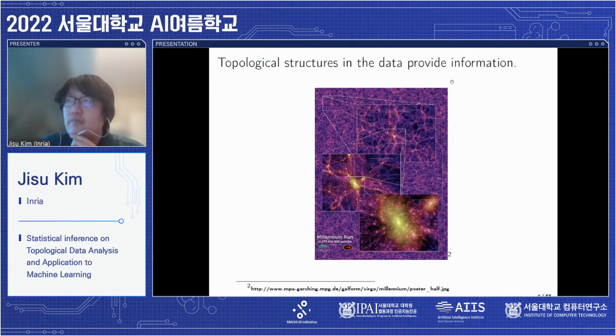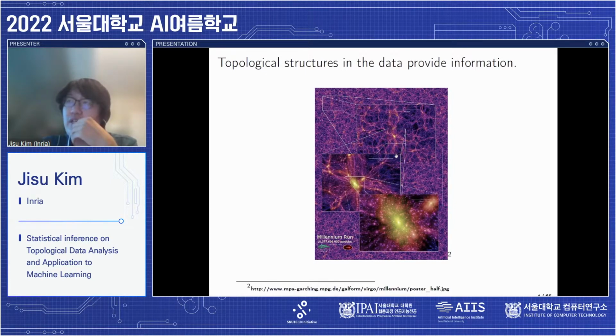So here, this is a picture from a simulation data of the universe. Here, the individual yellow dots correspond to a galaxy or gas or dark matter. When you look at the simulation at a very large scale, you might think that those galaxies are evenly distributed.